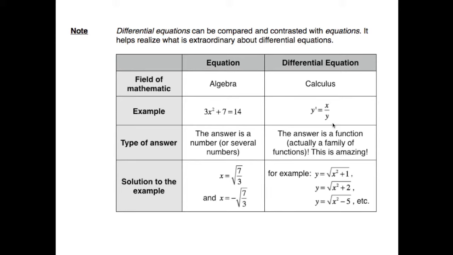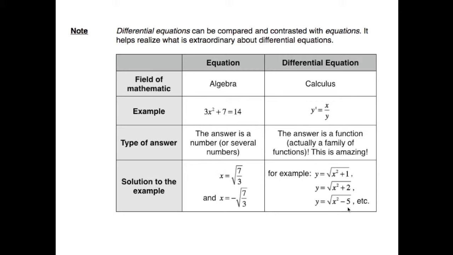In this example, y prime equals x over y. What function could we plug in here for y and plug its derivative here so that it would satisfy the whole equality? There is more than one solution. Here are 3. y equals square root of x squared plus 1, y equals square root of x squared plus 2, y equals square root of x squared minus 5, etc. You probably guessed it.